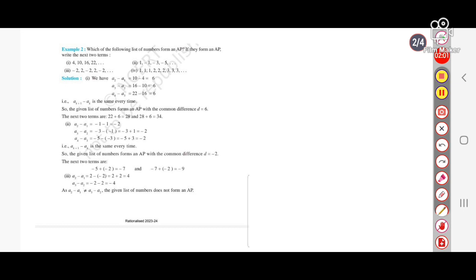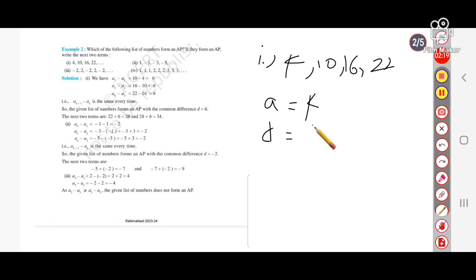Again the same process. First subdivision: 4, 10, 16, 22. Here we write A, the first term, as 4. Then we find the common difference, that is A2 minus A1, equal to A3 minus A2, equal to A4 minus A3, and it goes on.